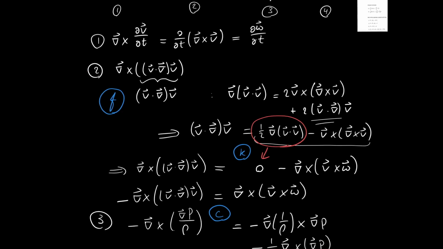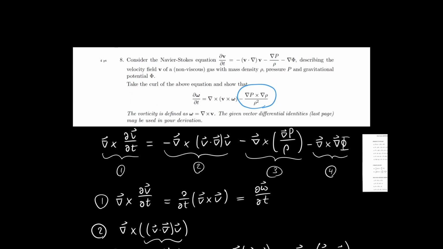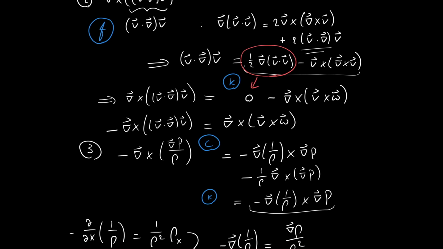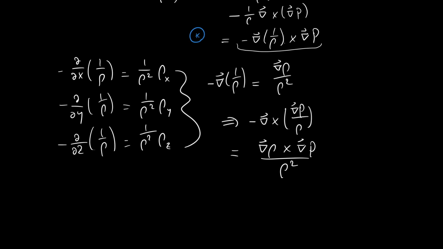Now we're almost there, but in the final expression here in blue, we can see that we have nabla p cross nabla rho in the opposite order, and we can get that at the cost of a minus sign. So this is just minus nabla p cross nabla rho over rho squared. So that works out very nicely.